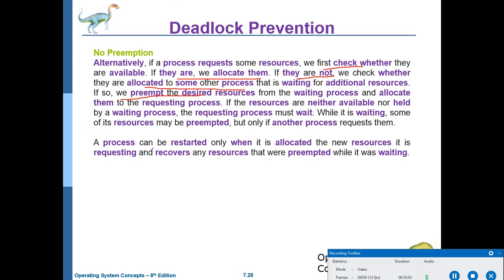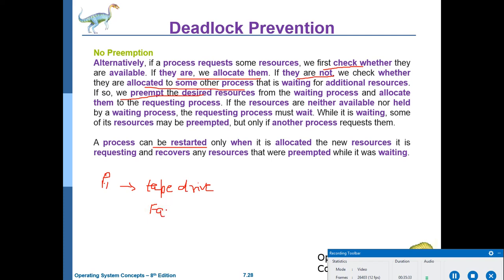A process can be restarted only when it is allocated the new resources it is requesting and recovers any resources that were preempted. So let me take an example, process P1, and let's talk about no preemption. Let's assume that it is holding a tape drive and a fax.